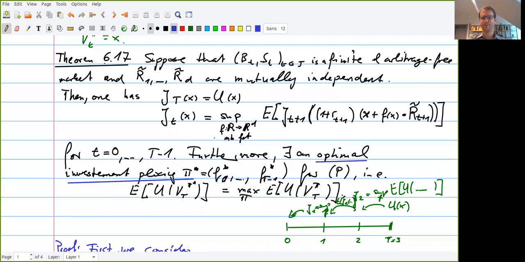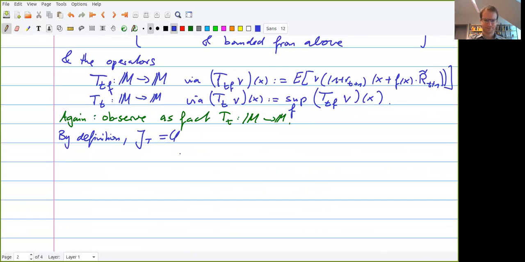That was easy, because this is just the definition of JT. So we want to use the backward induction. Let me write this.